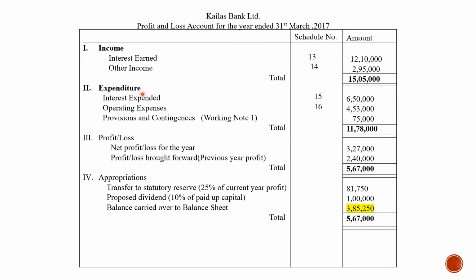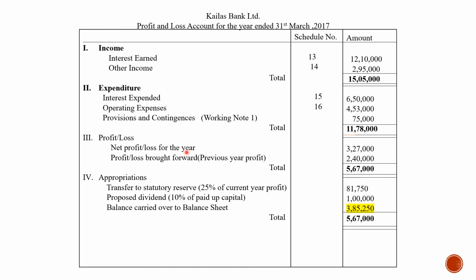The second is expenditure, under which you record schedules 15 and 16, and then the final one, the provisions and contingencies that we found through working note 1, 75,000, which we also place here. Then we take the total of expenditure, that is 11,78,000, and now we need to find out whether there is profit or loss.